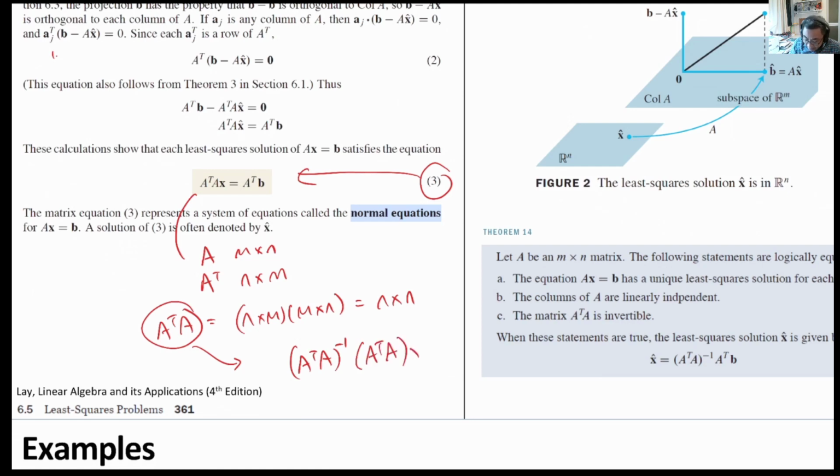We'll get this equation: (A^T A) inverse times A^T A x equals (A^T A) inverse A^T b. Remember that by multiplying a matrix by its inverse, we get the identity, which is this equation here. We'll strike off, reducing it to I, implying x is equal to (A^T A) inverse multiplied by A^T b.